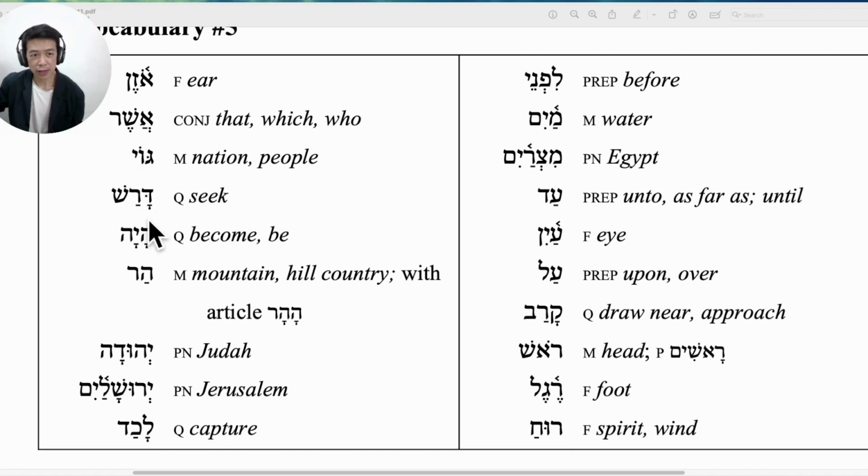The next word is seek. It's pronounced as darash. The next one is become or be. It's pronounced as hayah. The next word is mountain, hill country.